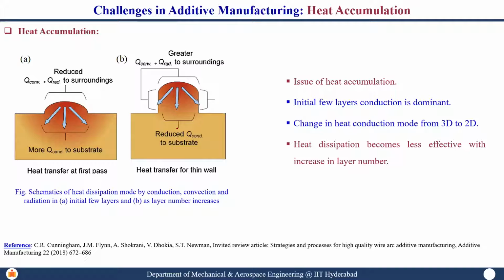Now what is the problem? This is the substrate, and on that substrate you have deposited your first bead. In additive manufacturing, your substrate acts as a heat sink, which essentially means that whenever you deposit the weld bead, and I'm talking about the weld bead because that is how the fundamental definition of additive started, now you have thousands of definitions, but when you deposit the first bead, the heat will immediately be conducted into the substrate quite comfortably, and it will cool down quickly.